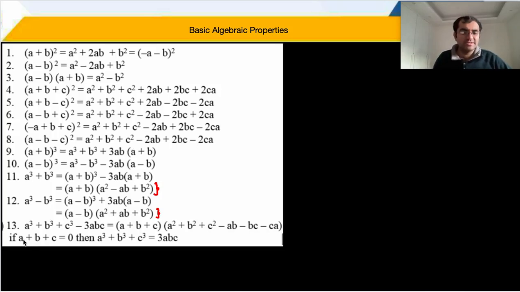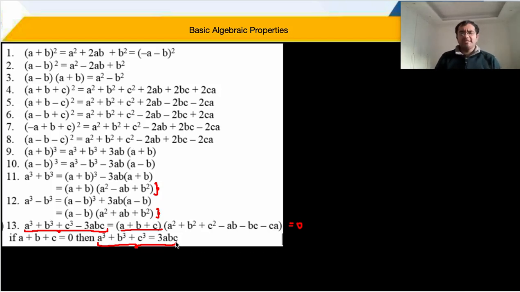So what happens is that if a plus b plus c becomes 0, अगर ये वाला term आपका 0 हो जाता है, then RHS completely 0 हो जाता है, right? 0 into this whole bracket is equal to 0. So therefore, what you get is a cube plus b cube plus c cube minus 3abc is equal to 0, which gives you this property. ठीक है? All right.